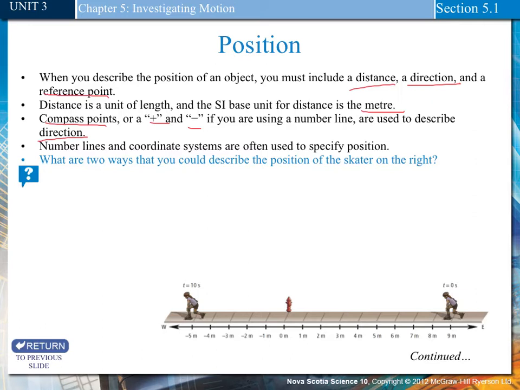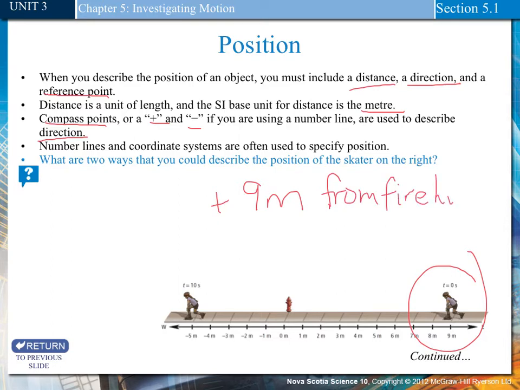What are 2 ways that you could describe the position of the skater on the right? One thing we could say is the position of the skater is positive 9 meters from the fire hydrant.